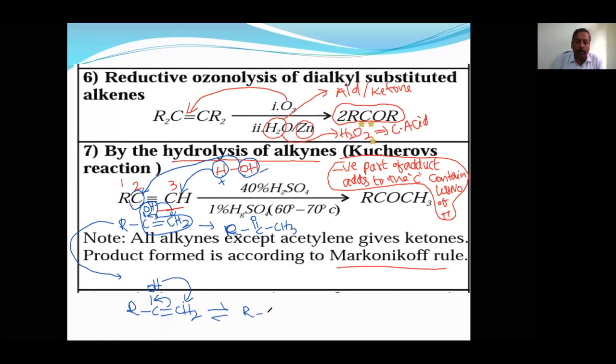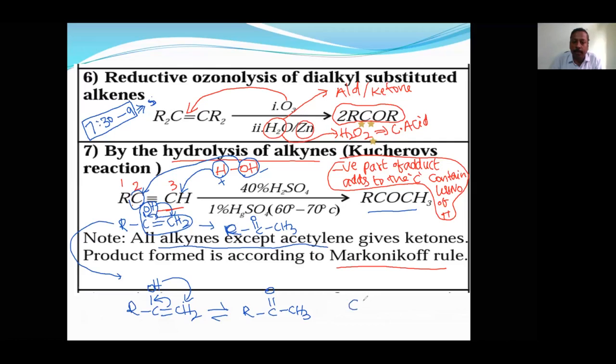It has C double bond oxygen and CH3. Like this, the product is formed. I think tautomerism is now clear. If you have any doubt, you can ask. So this is about hydrolysis. Now, all alkynes except acetylene.